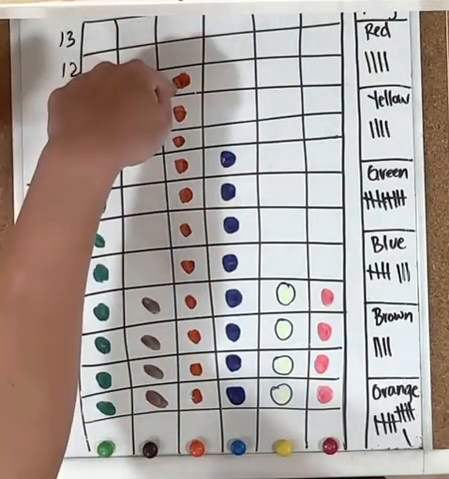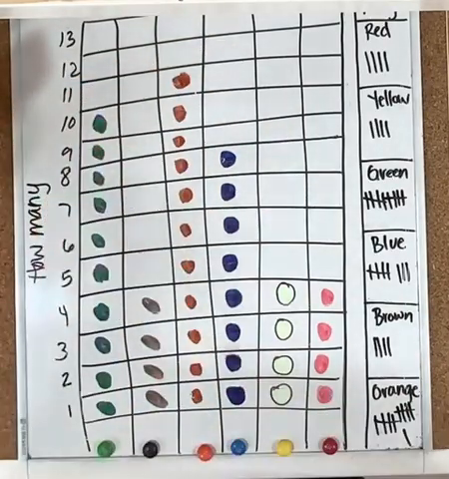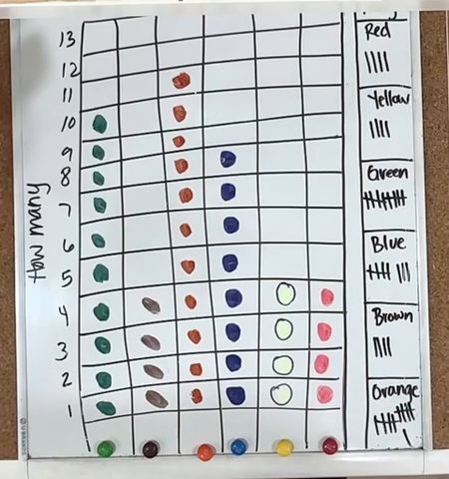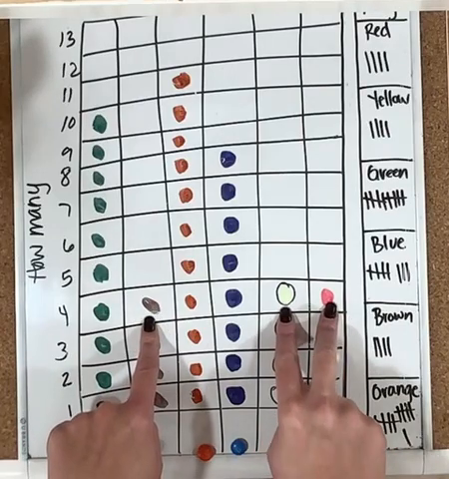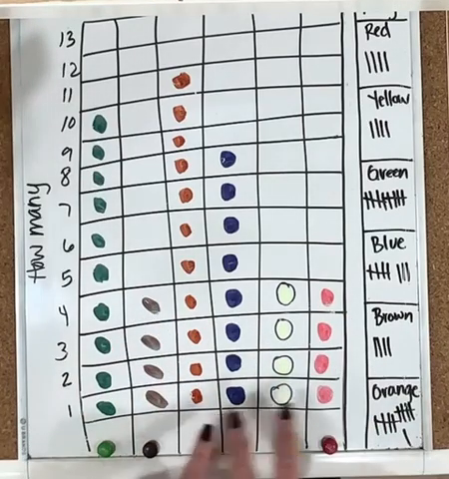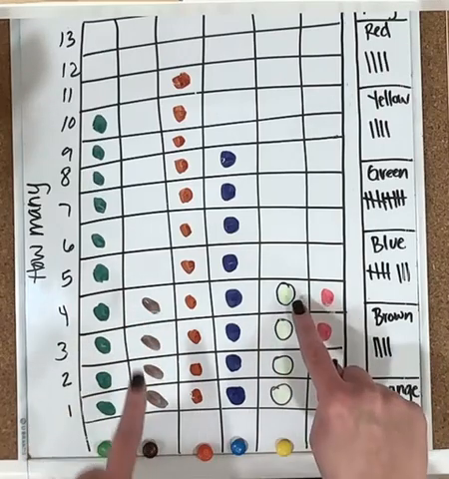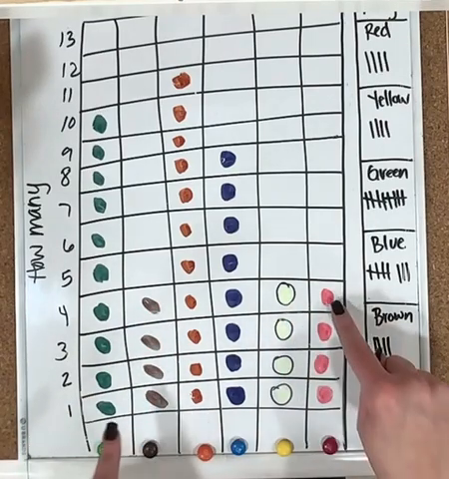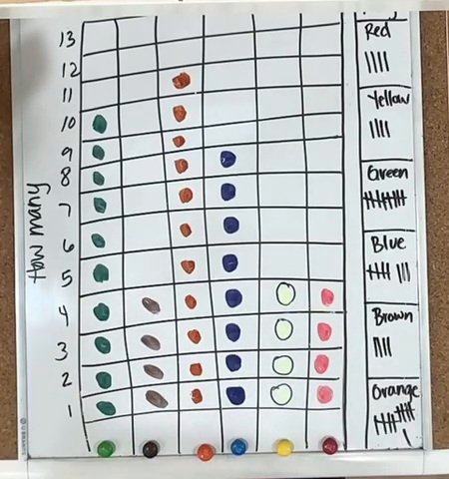That tells me that orange has 11, and that is the most. I can also ask which one has the least. Well, I see there's a tie for least, because 3 of them have the same numbers and there aren't any below that. So brown, yellow, and red have the same amount and they're all the least.